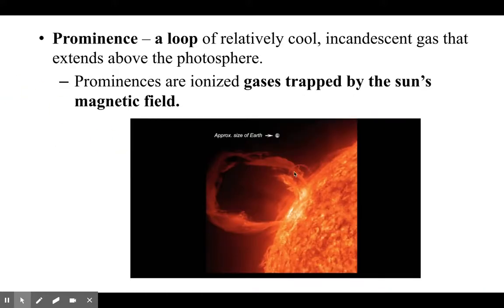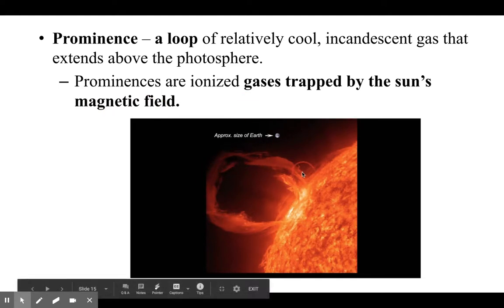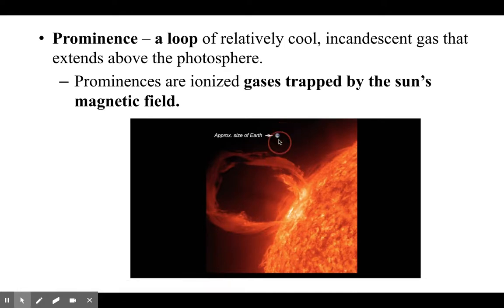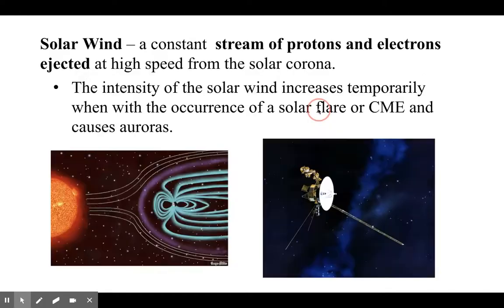So the prominence is sometimes we see that gas will go way out and then come back. It's because the sun actually has a magnetic field, just like the Earth has a magnetic field. And this loop is really showing you the magnetic field on the sun. Now, look how big it is. Just this prominence, here's tiny little Earth. It would fit right here as we're looking at the sun.